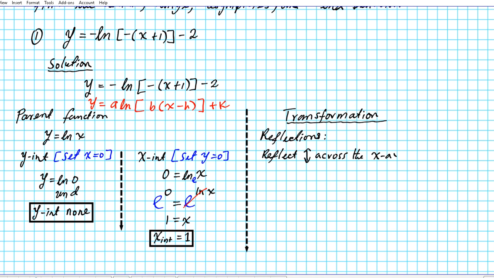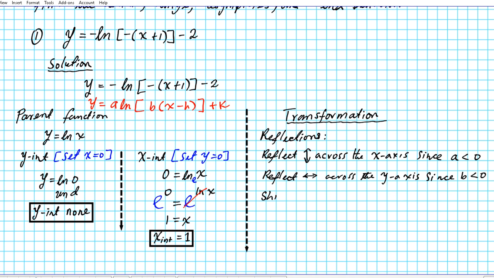Why are we doing that? Since a is negative, or a is less than 0. If a is negative, you reflect vertically. How about b? b is negative also, so that basically means we're going to reflect horizontally across the y-axis. Why is that? It is because b is negative, or you can say since b is less than 0. So these are the two reflections that we have in this problem.